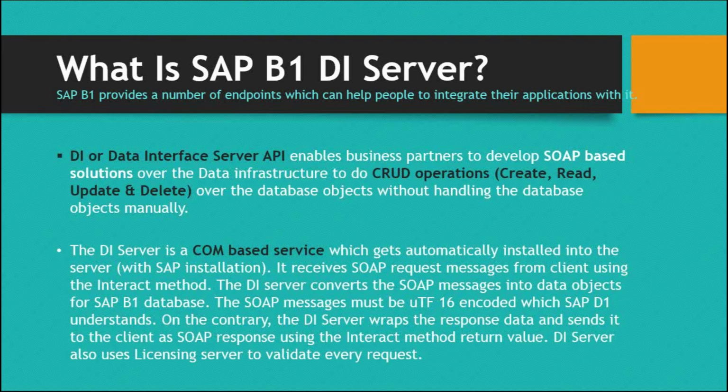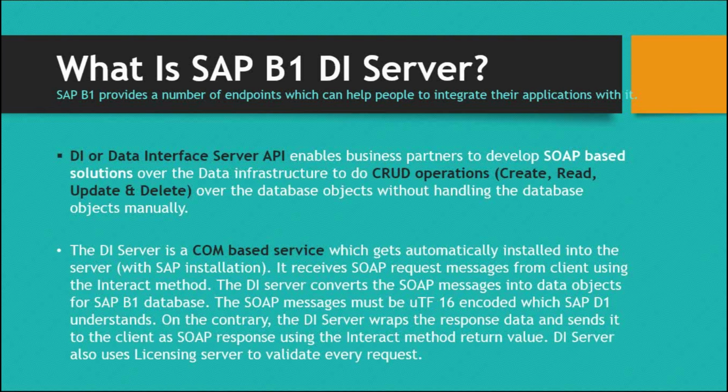Now by SOAP protocol I mean the standard messaging format is actually SOAP, while the underlying mechanism of how you are connecting your system with SAP Business One is through the COM interfaces.